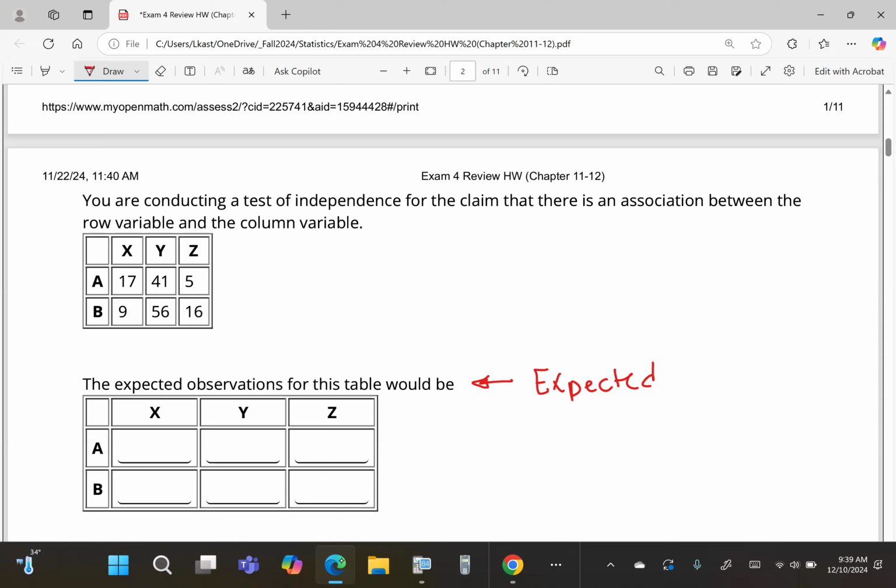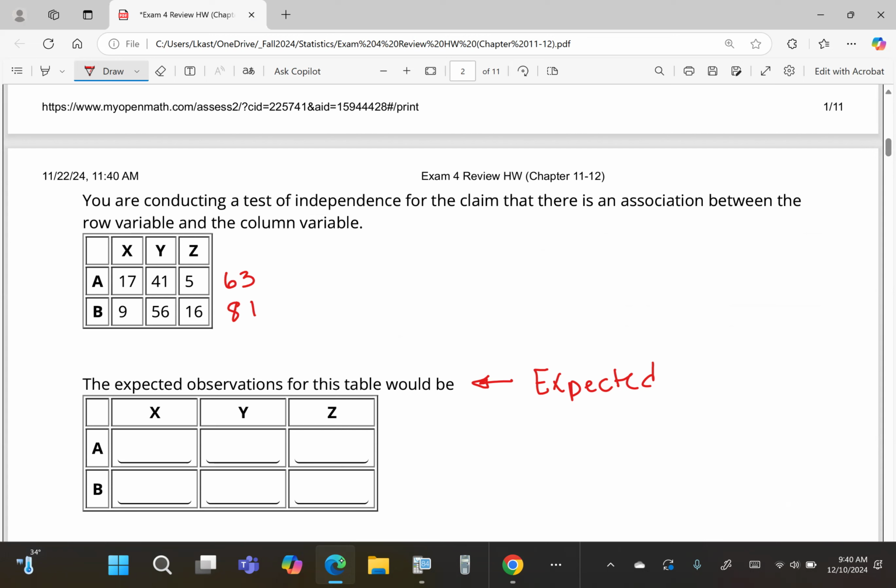So what's the total of row A? Well, if my calculator is correct, that would be 63. 17 plus 41 is 58, and 5 is 63. What is the row total of row B? Would that be 81?